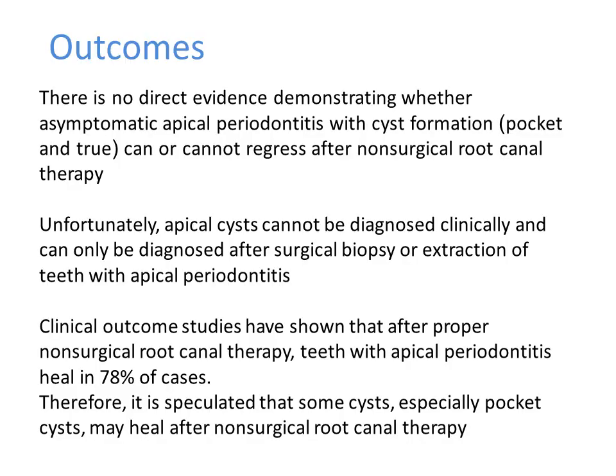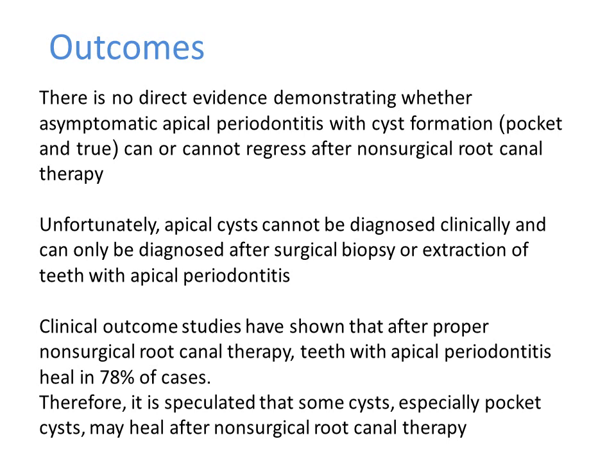The outcomes here: no direct evidence demonstrating whether asymptomatic apical periodontitis with cyst formation, which is either a pocket type or true type, can or cannot be regressed after non-surgical root canal therapy. Can or cannot be.